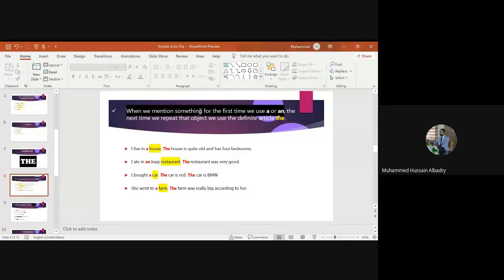When you mention something for the first time, use a or an. When you repeat it more than once, twice, three times, use the. She went to a farm. A farm. We don't say to the farm. To a farm. The farm was really big. Which farm? The farm that she went to.